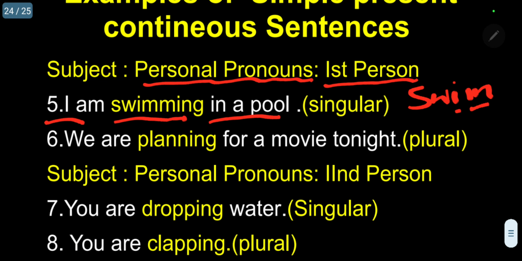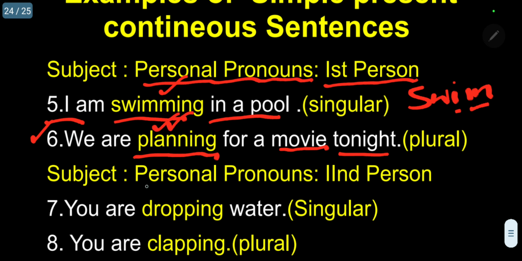Swim, so automatically we get a double M: swimming in a pool. Singular. And the next one, plural: we are planning for a movie tonight. Plan is the verb, then ing we are adding, because N is the end letter and the vowel is A.